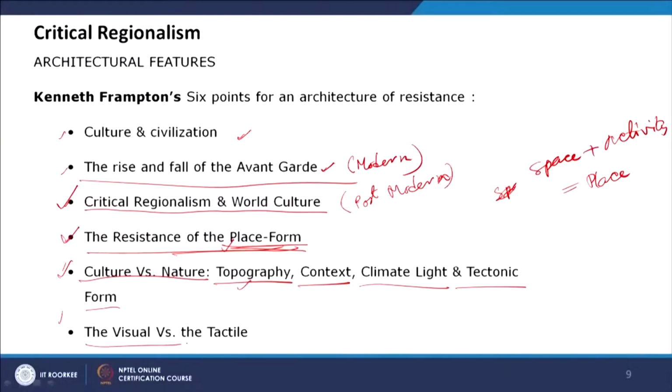Like the tectonic form was taken as an inspiration in Christopher Charles Benninger's design in Pune. The visual and tactile: it's not just visual, it's also tactile, like for example stone gives a tactile form, like grass, the use of grass, stone and different materials. Haptics, or the sense of touch, will also evoke this contextual connection.